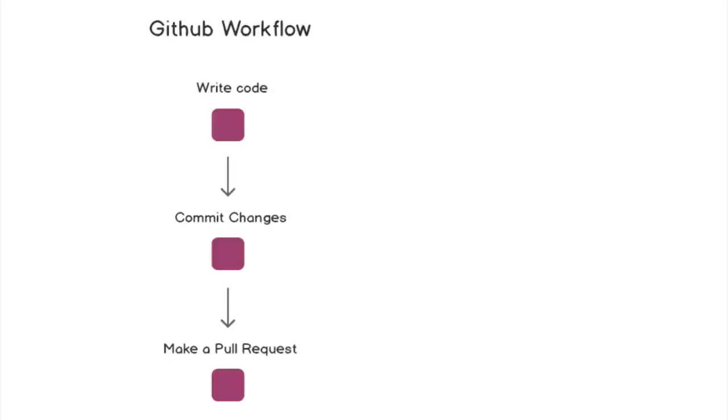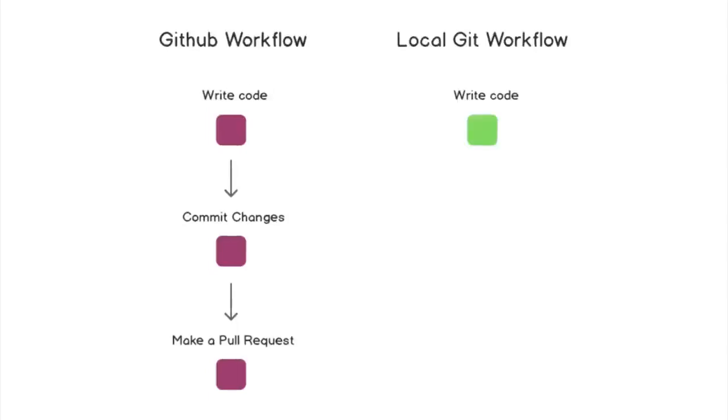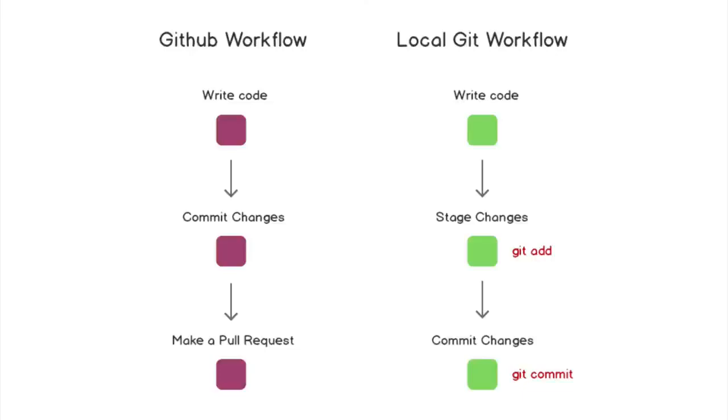So let's compare this workflow, if we're just writing code on GitHub, versus doing it locally and then pushing it up to GitHub. Locally in our text editor, we wrote the code and then we had to do git add to let Git know about the changes. And then we saved them to Git using the git commit command.